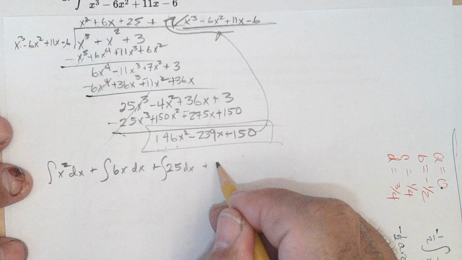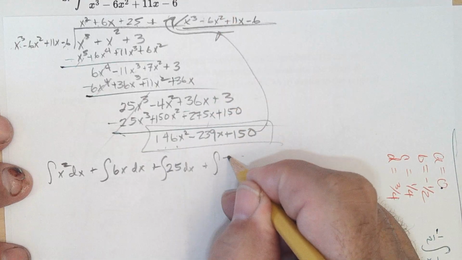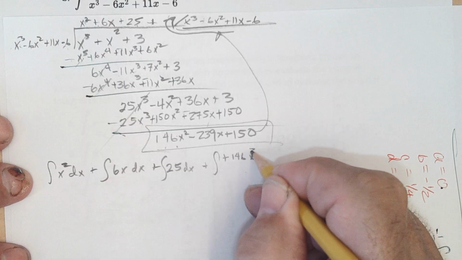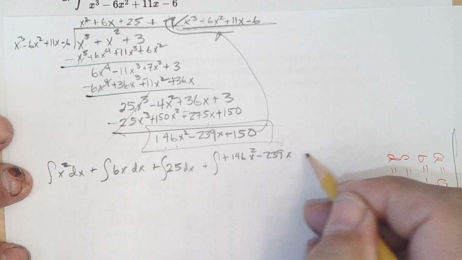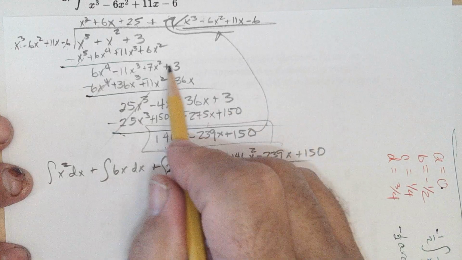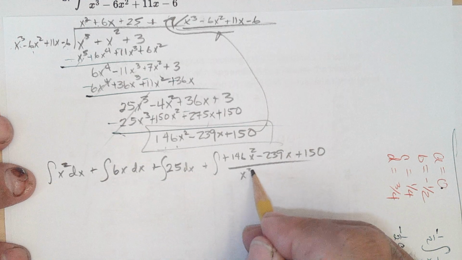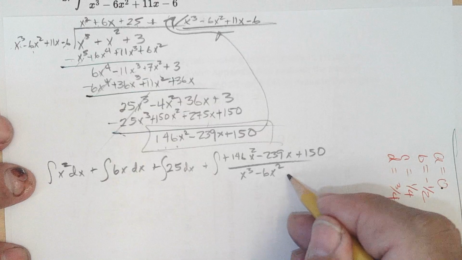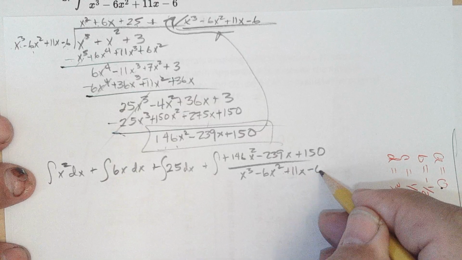Then we're going to integrate this, negative 146x squared minus 239x plus 150 over what we were dividing by, x to the third minus 6x squared plus 11x minus 6.